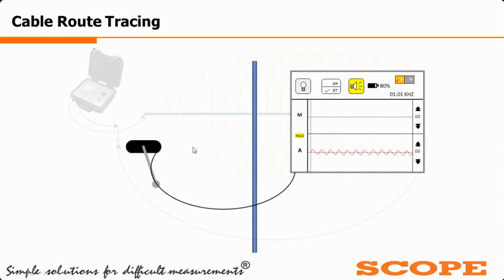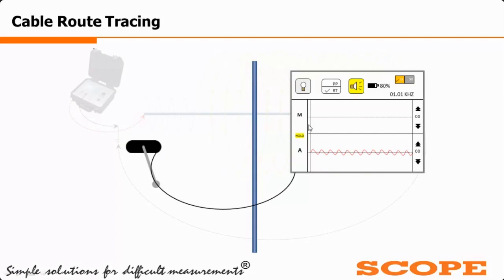In this receiver we have also provided a headphone jack, meaning we have provided headphones. In these headphones you can easily listen to the 1 kilohertz or whatever signals are transmitted by the audio generator into the cable.